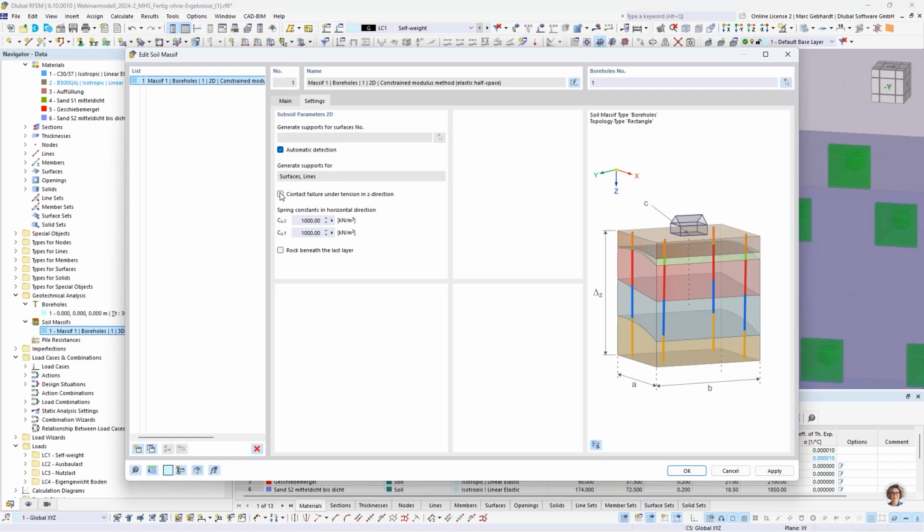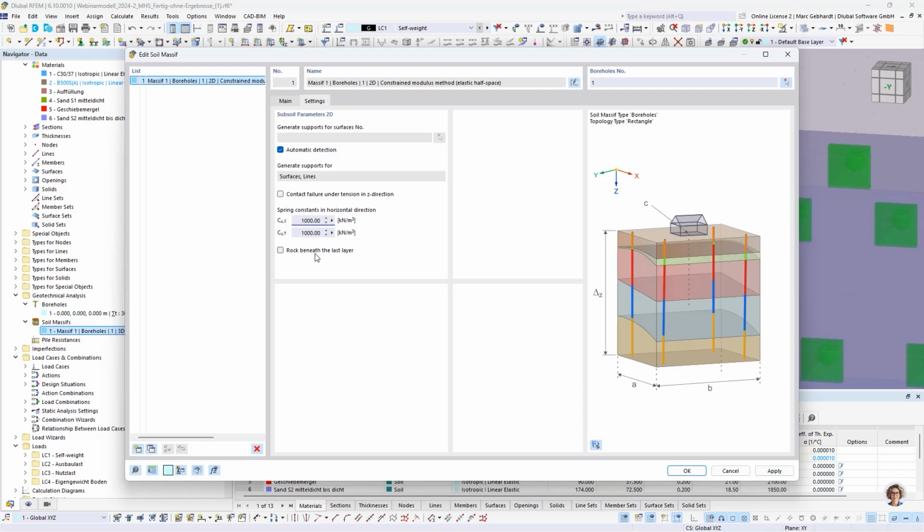And you can select to get nonlinear behavior on the surfaces and the line supports. But the Constraint Modulus method already has a failure under tension. In addition to the generated supports in vertical and shear direction, in horizontal direction, fixed supports can be defined here.